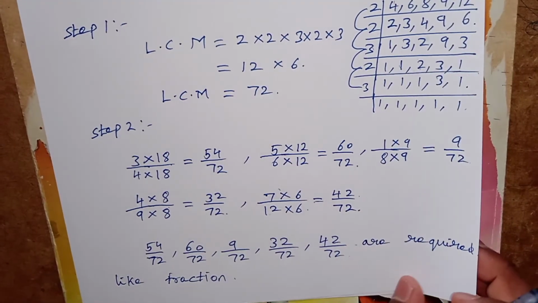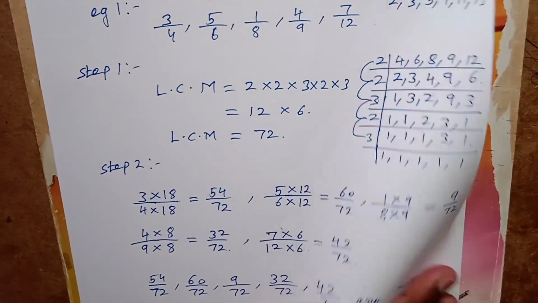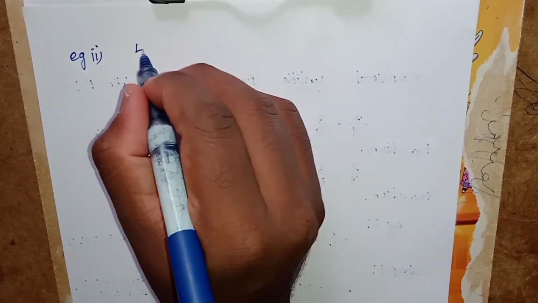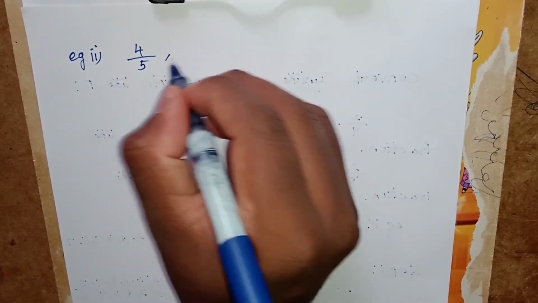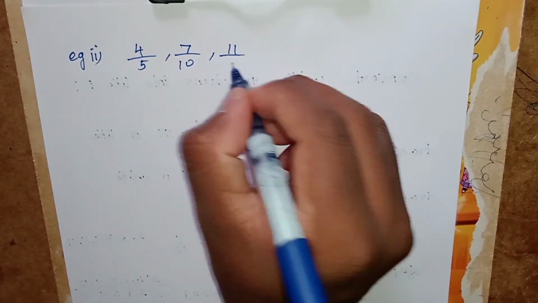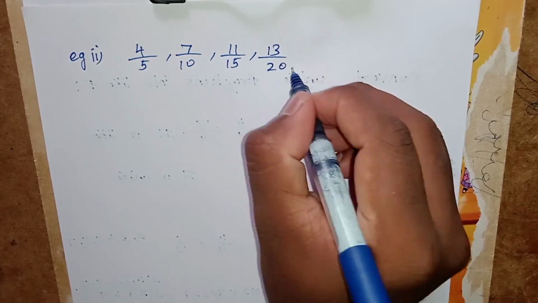I hope you all understood the example here. Okay, similarly we will move to the next example. Example 2: 4 by 5, 7 by 10, 11 by 15, 13 by 20.